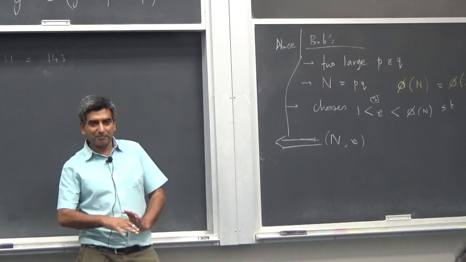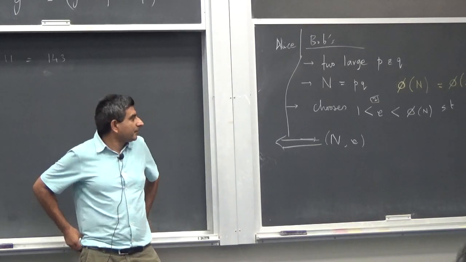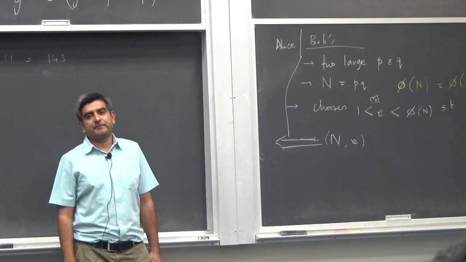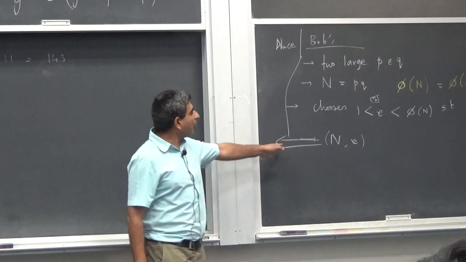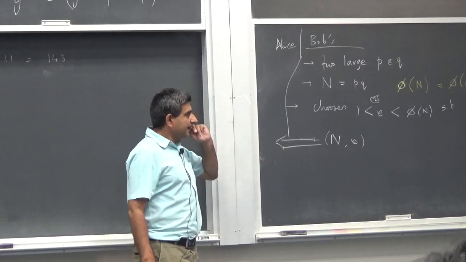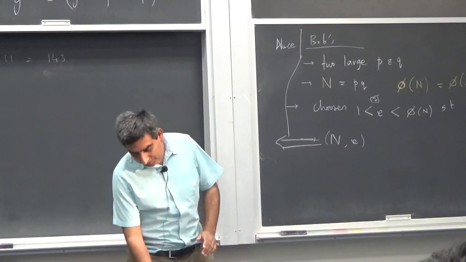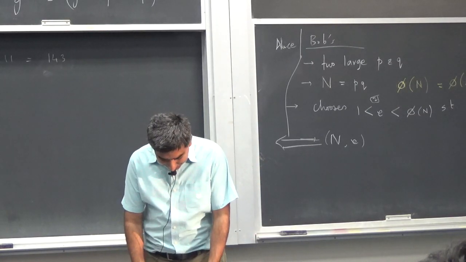Right? So it is shared on a public channel, so it's susceptible to attacks by anyone. Now when Bob does this, nothing is secret at the moment. But then Bob does something really clever.